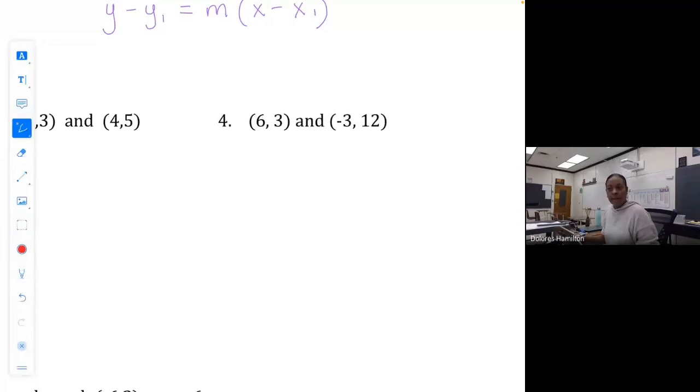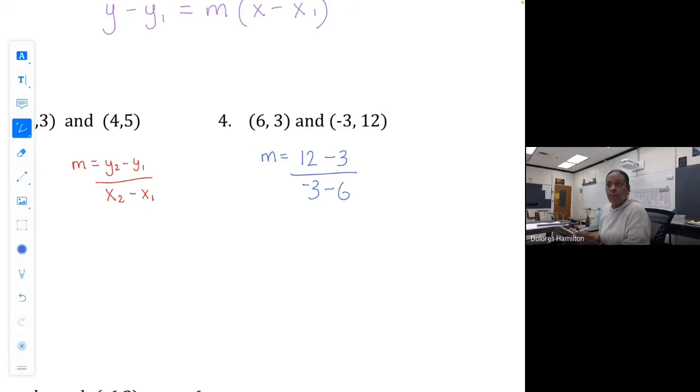One more example, similar to 3, is using the 2 points 6, 3 and -3, 12. We see the first thing that we need to do in this problem is find our slope. We plug in y2 minus y1 over x2 minus x1, and when we simplify, that reduces to -1. So we've got a slope of -1, and we've got two options for the points.